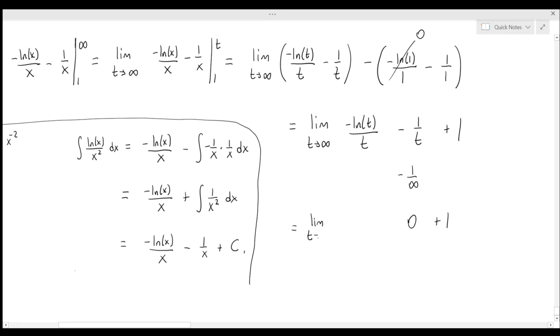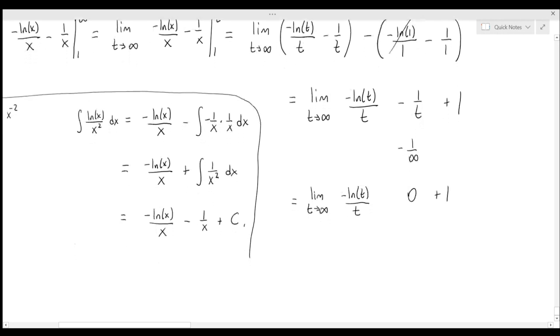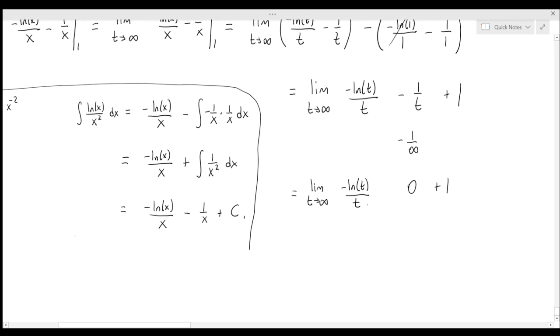Now thinking about this other term that we have, this first term, it's a little bit more complicated. But as t goes to infinity, it looks like we're going to get a negative ln of infinity over infinity.